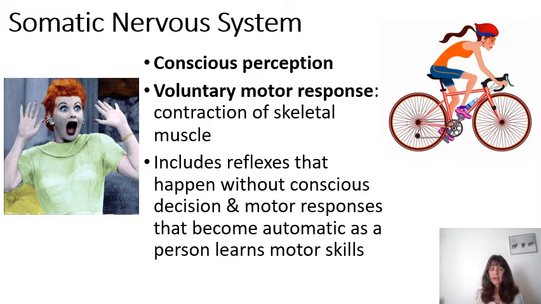The somatic nervous system not only involves conscious perception, it also includes voluntary motor responses in the form of contraction of skeletal muscles. This includes reflexes that happen without a conscious decision, as well as motor responses that become automatic as a person learns motor skills.